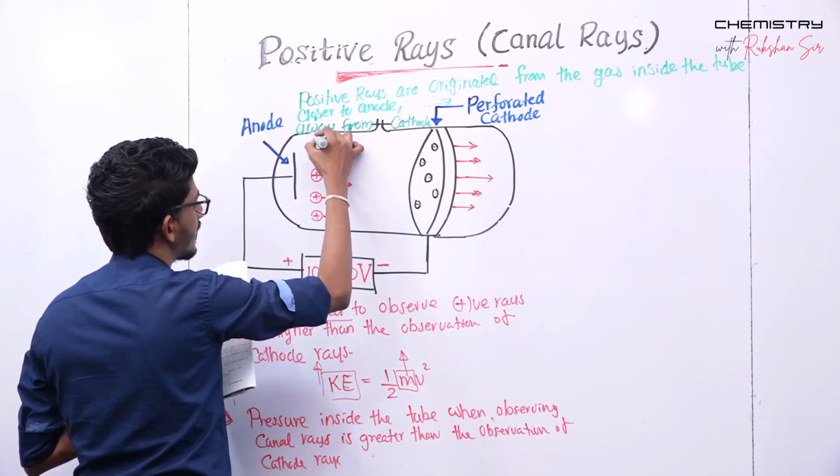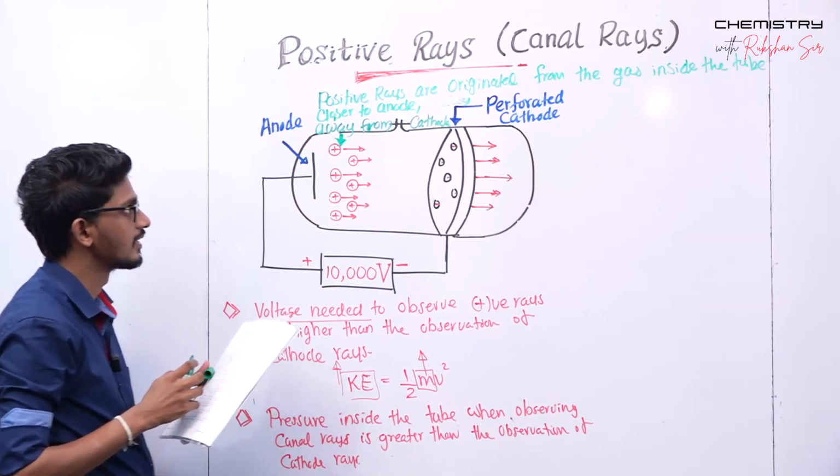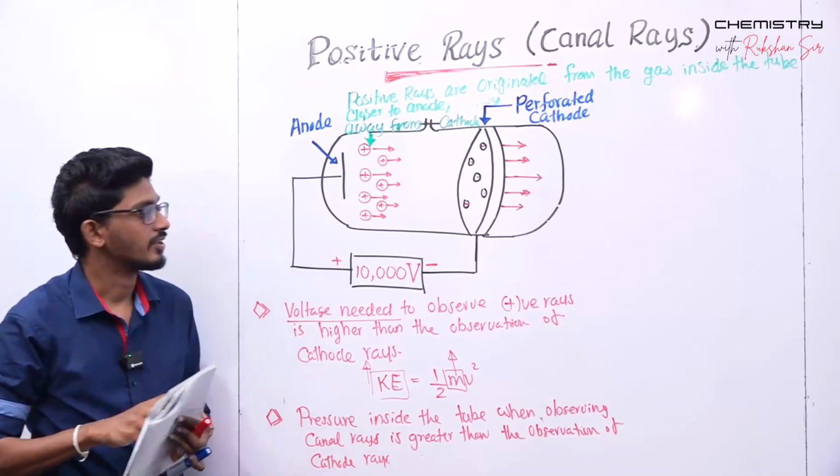Positive rays are originated from the gas inside the tube, closer to the anode, but away from the cathode, right? This statement is there in your research book.